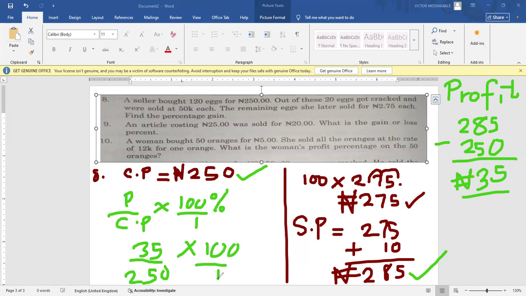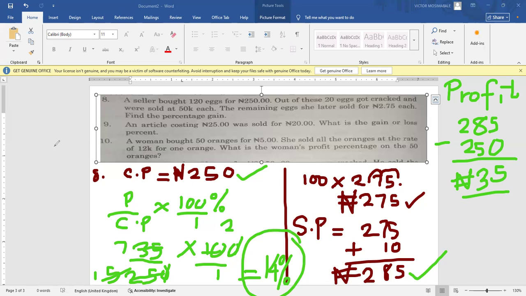Now, cancel the 0. 5 in 25 is 5. 5 in 100 is 20. 5 in 5 is 1. And 5 in 35 is 7. So the final answer is 2 times 7. We get 14. 14%. So 14% is our percentage profit. You can pause the video as usual and note down the salient points.